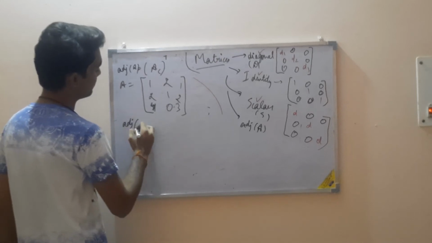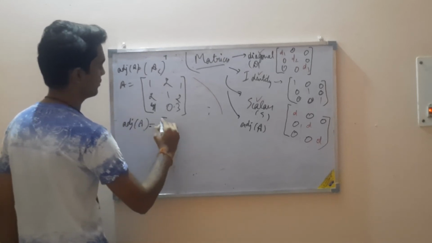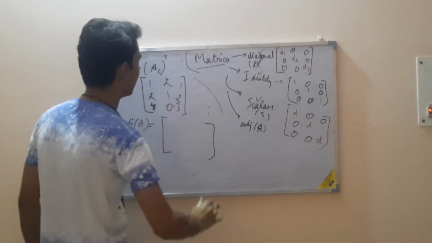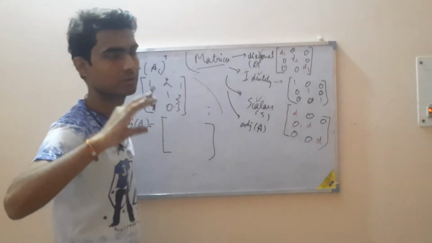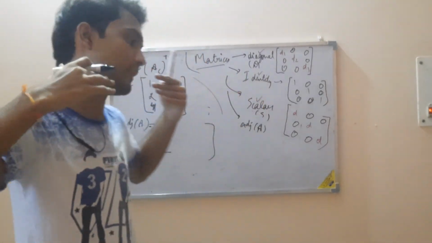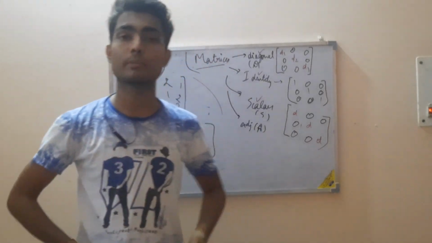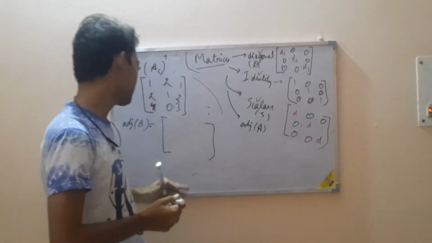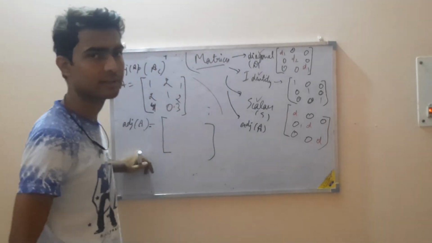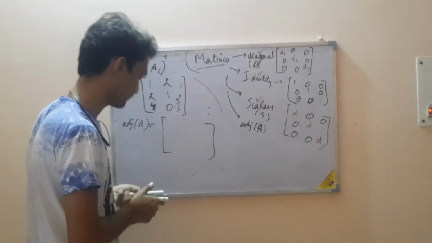Adjoint is represented by this symbol, and the order remains the same whether we are taking the transpose of a matrix or finding the adjoint of a matrix. The order of the matrix remains the same.